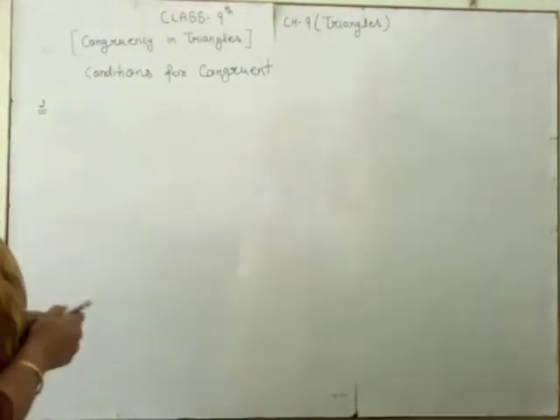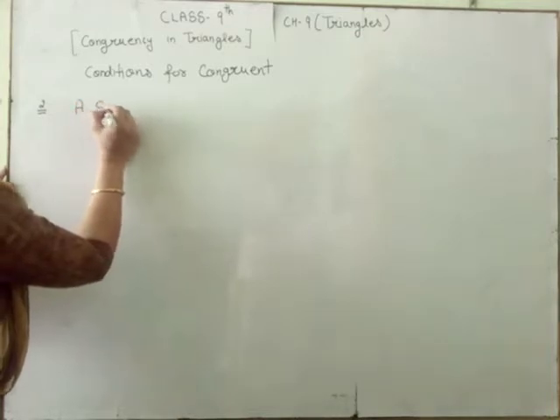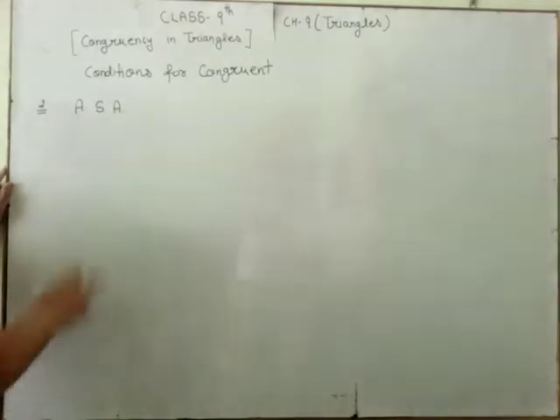Next condition for congruent triangles. First is SAS, next is ASA. That means angle, side, angle, but the side is the included side.